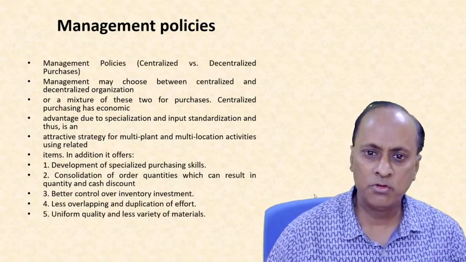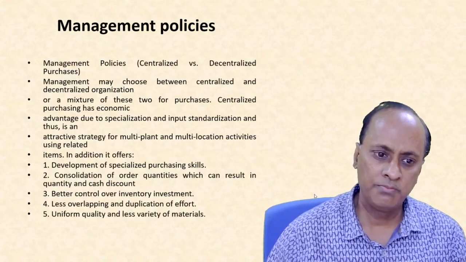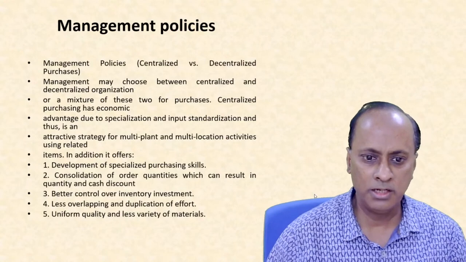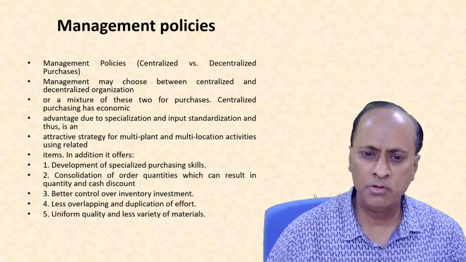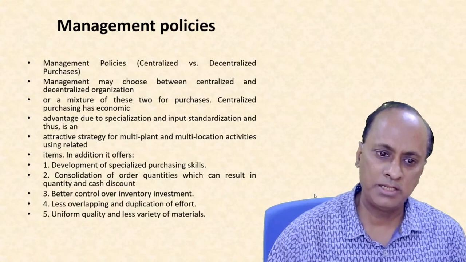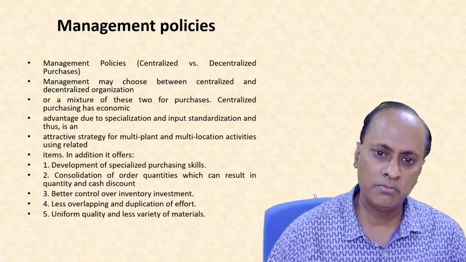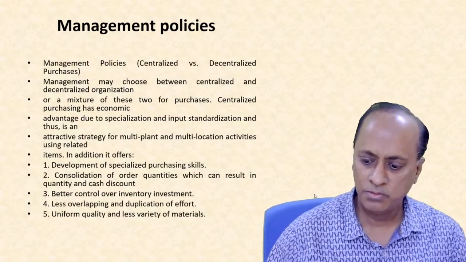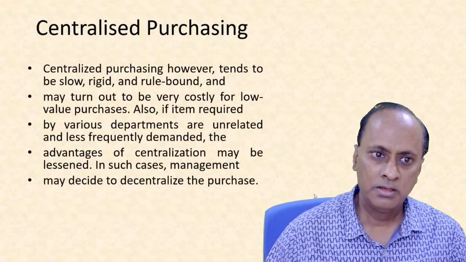That means if 4 or 5 people purchase the products, there is overlapping and duplication. Uniform quality and less variety of materials: if machines or materials are purchased at 5 places, the quality may vary from one place to another and the variety also varies from product to product.